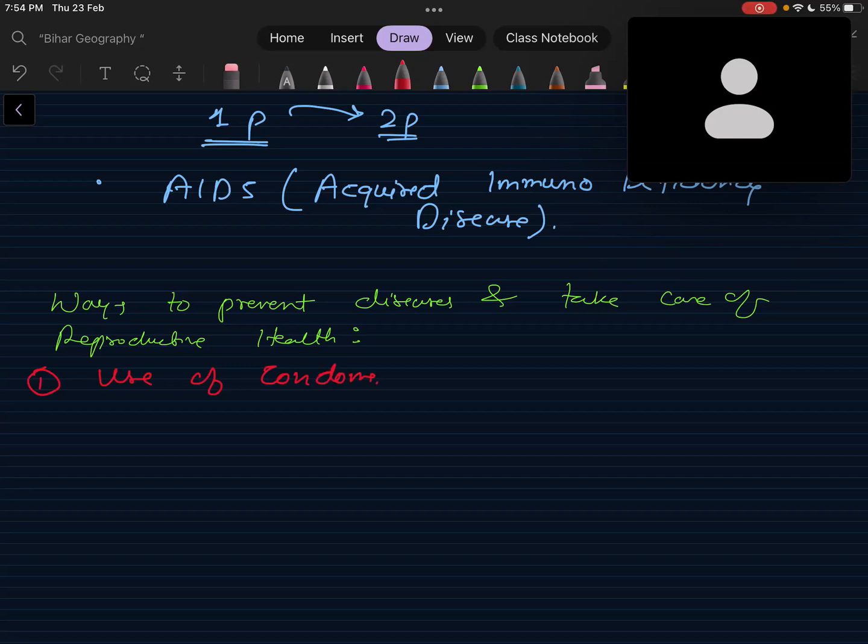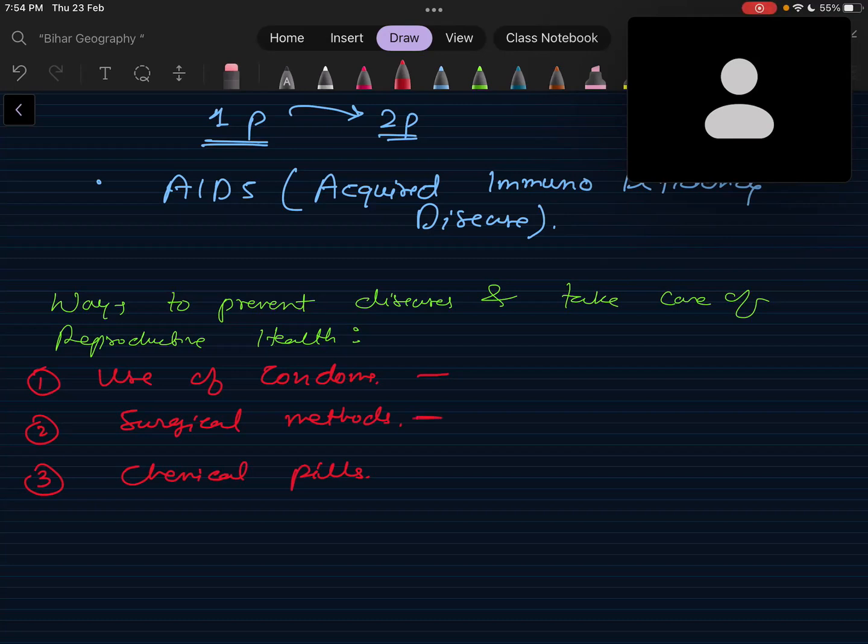There are other methods like surgical methods, or chemical pills. So you see, a condom is worn over the reproductive organ to avoid reproduction.